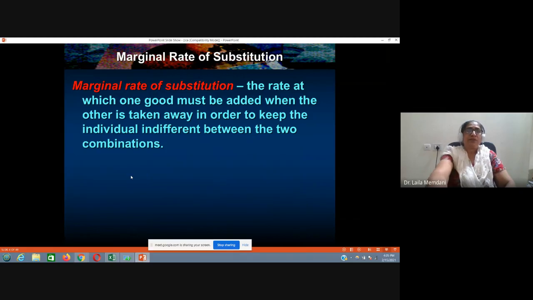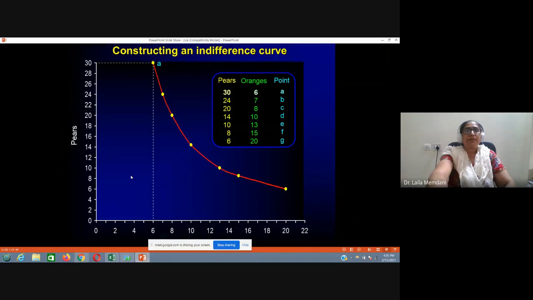So, in this table, we find that in order to get one more orange, he is giving up 6 pears. That is, 6 units of pears are taken away in order to get one more unit of orange. This is nothing but marginal rate of substitution.